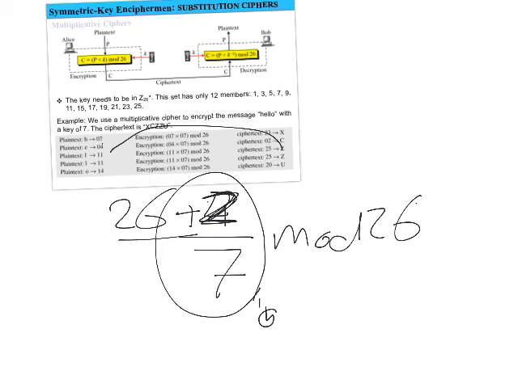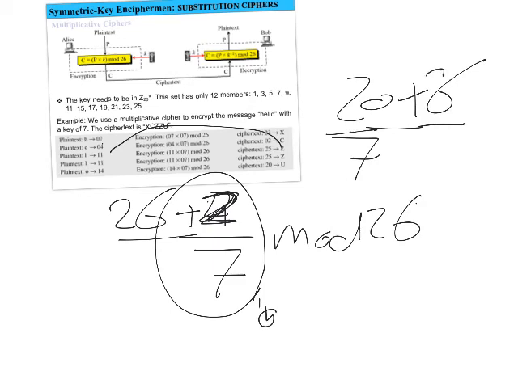Similarly, let's say 20. 20 divided by 7 is not an integer number, so you have to add 26. So it's 46. That's still not an integer, so you have to keep adding 26 to it.